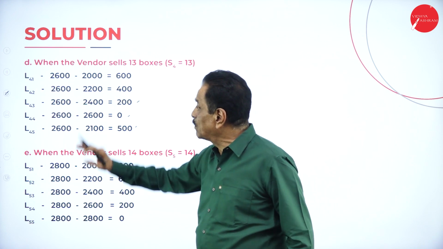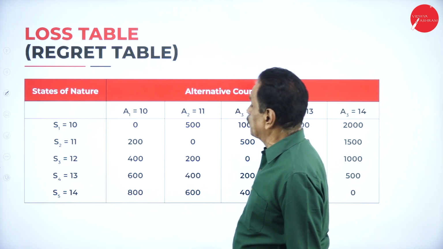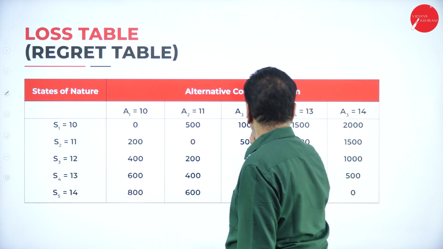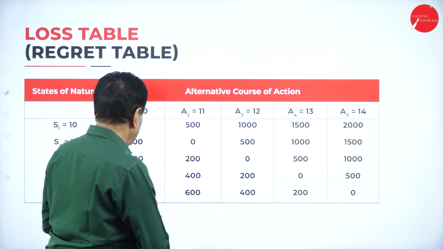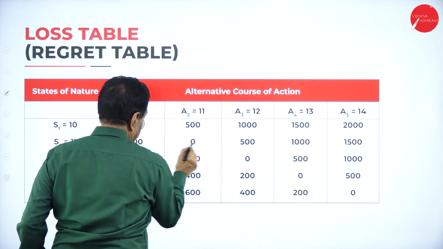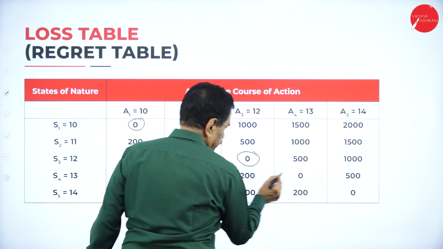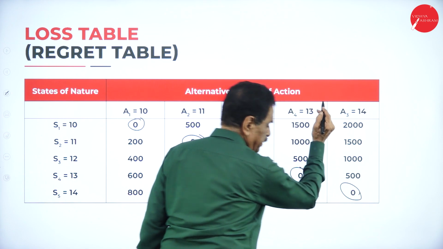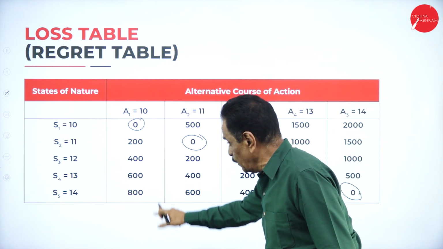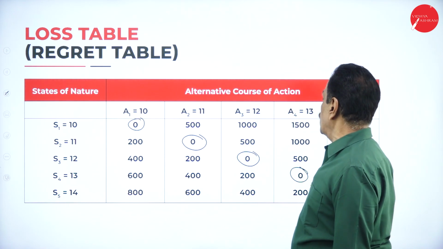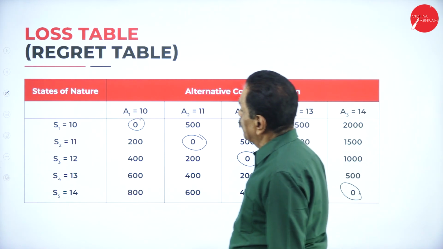Then this should be put in a table after 0, 500, 1000, 1500, 2000. Then second one, see that this is important. Then same as what you did, put it here: A1, A2, A3, A4.